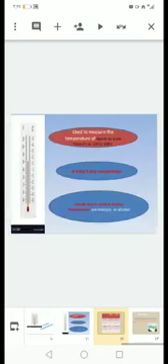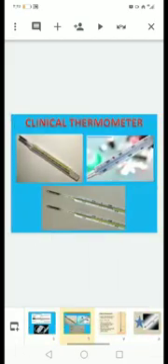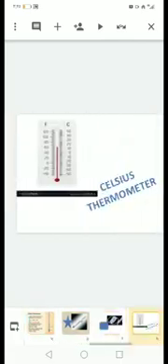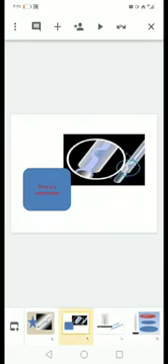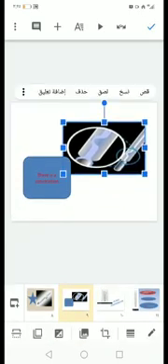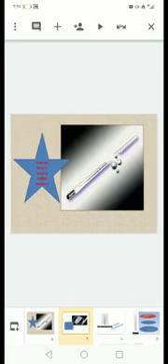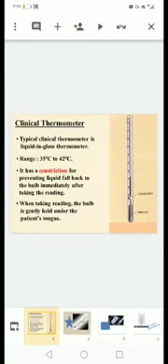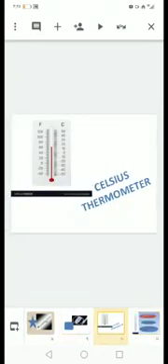So we have types of thermometers: the clinical thermometer and the Celsius thermometer. The clinical thermometer has something called a constriction, but the Celsius thermometer hasn't any constriction. The clinical thermometer has a liquid called mercury, and the Celsius thermometer has a liquid called mercury or alcohol.